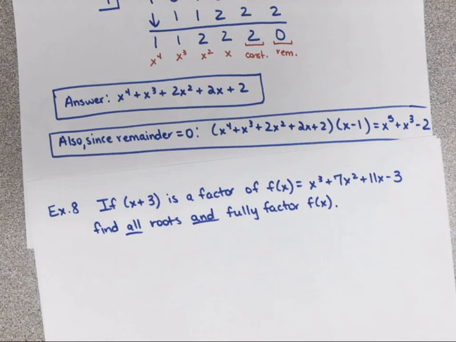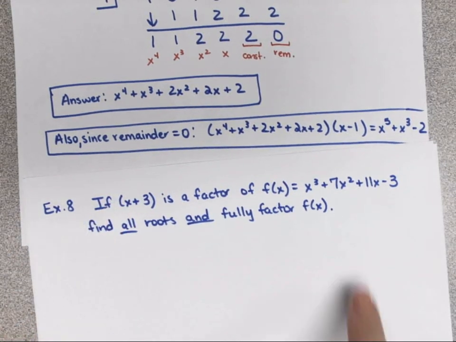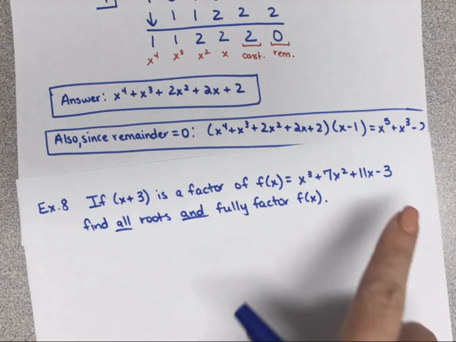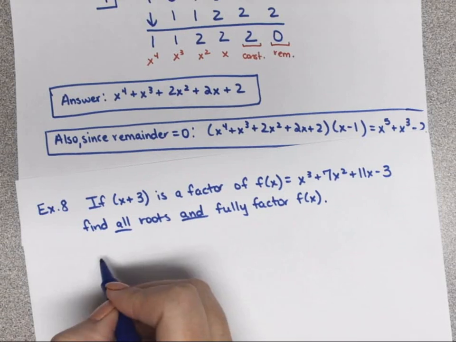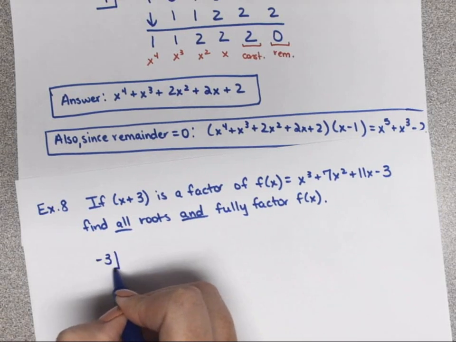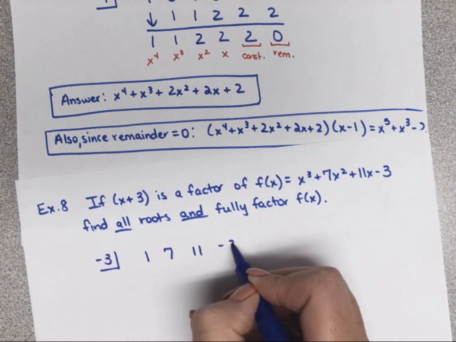So notice I'm telling you that one of them already is a factor, right? So what do we know about x plus 3 when I divide it into this? It's going to come out how? Perfectly and with no what? No remainder, right? So let's go ahead and do that, because even though I told you that it's true, we actually need to know what the result is.